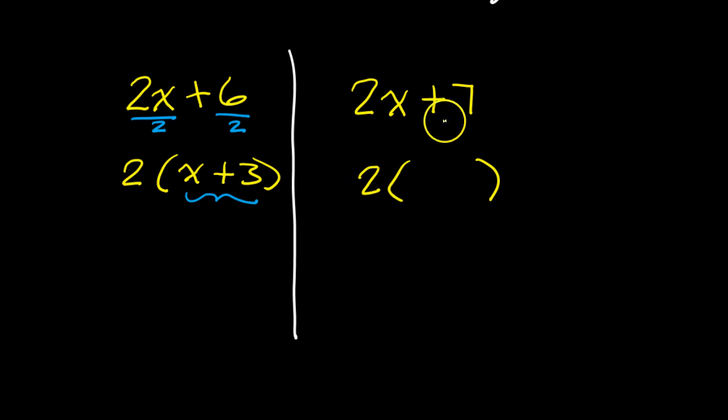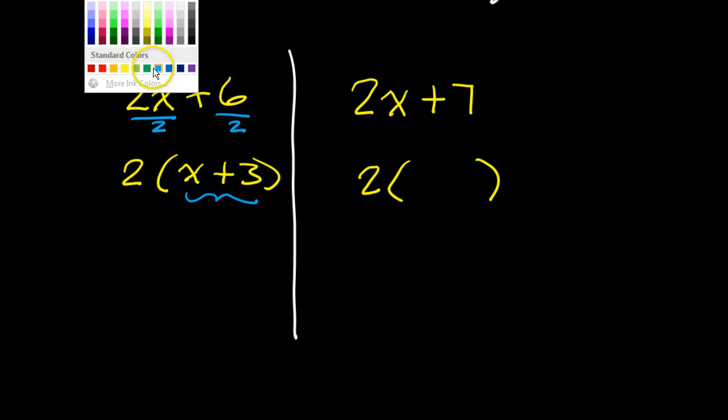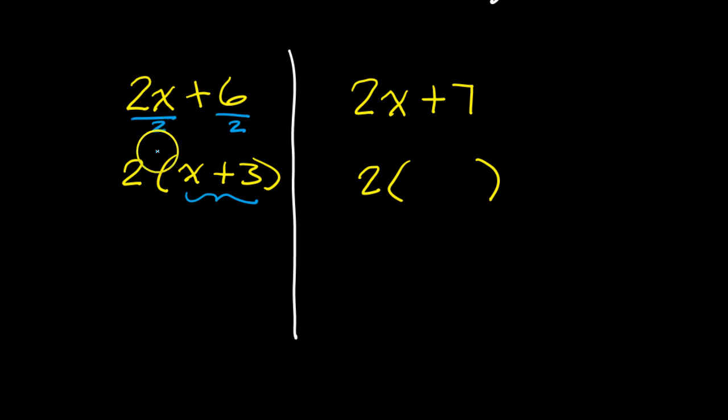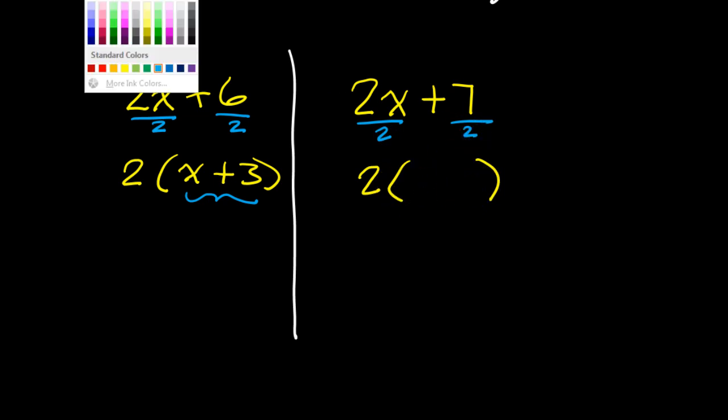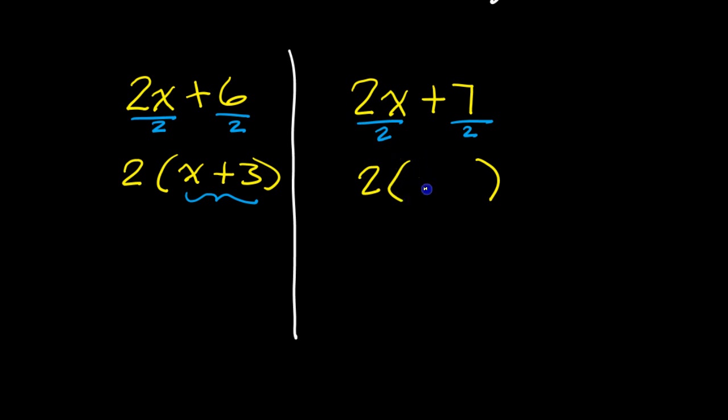I could, even though it's not a common factor, as long as I use the same procedure that I did over here. When I pulled out the 2, I divided everything by 2, and that's what told me what to go on the inside. So if I'm going to pull out a 2, I still need to do that. I'm going to divide both of these by 2, and that tells me what will go here. So these 2's will still cancel, and I will have x. But for this, I have no choice but to just leave it as 7 over 2 like that.